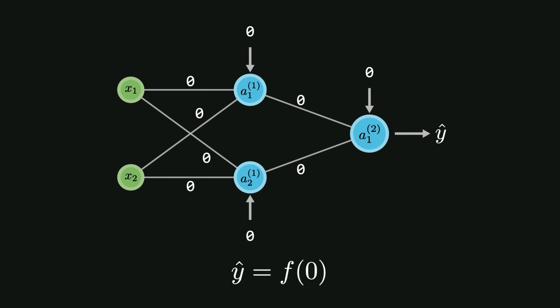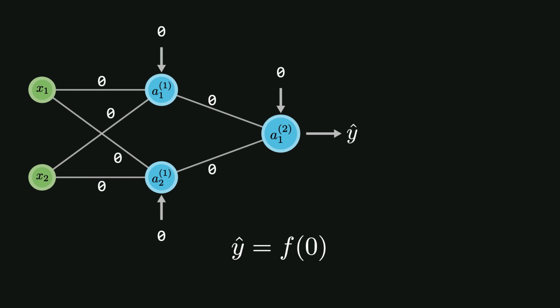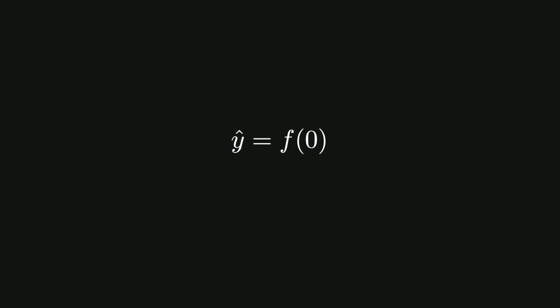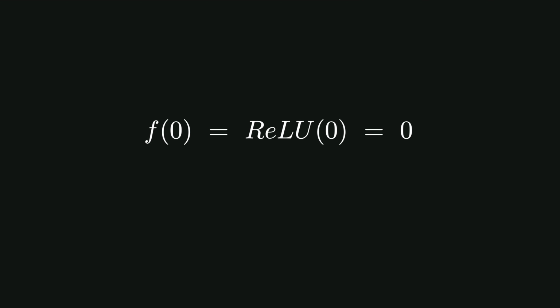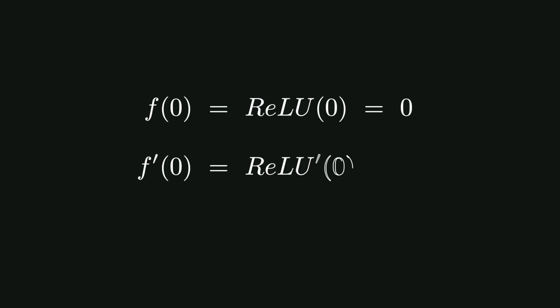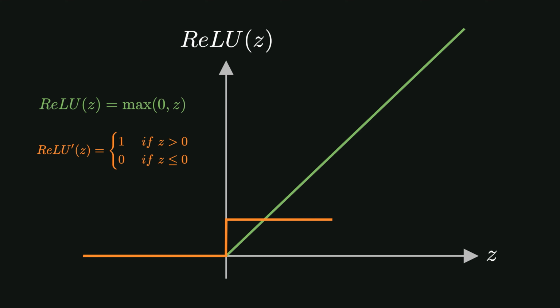which is just the activation function evaluated at 0. Now, if we look at this for the ReLU activation, the value at 0 is 0. And the value of its derivative for any positive input is 1, else 0. To be precise, the derivative is undefined at 0, but for practical purposes, it is often considered 0 or 1 sometimes.